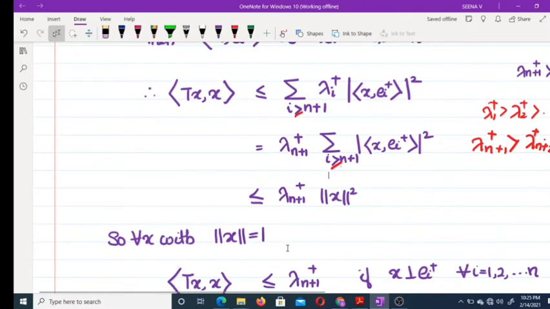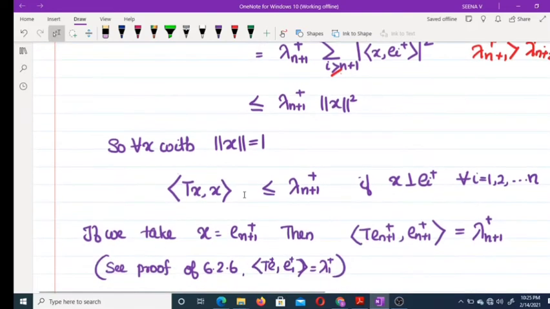So for all x with the norm of x equal to 1, the inner product of Tx, x is less than or equal to lambda n plus 1 plus. Clear? Thus we have for every x with the norm of x equal to 1 and x orthogonal to e_i plus, the inner product of Tx, x is less than or equal to lambda n plus 1 plus.